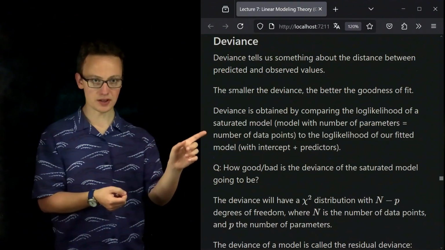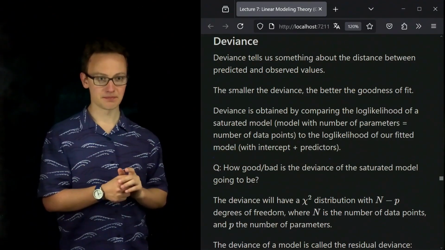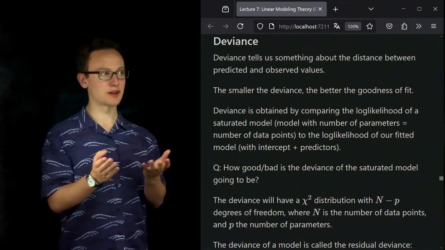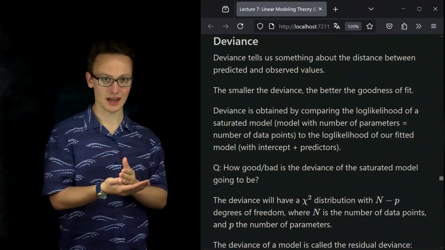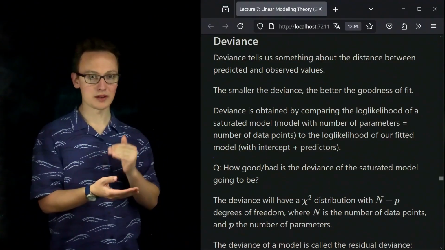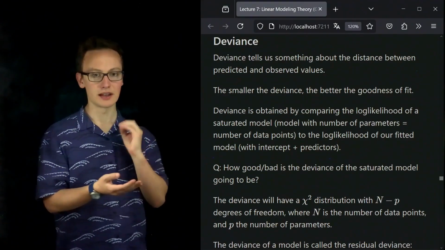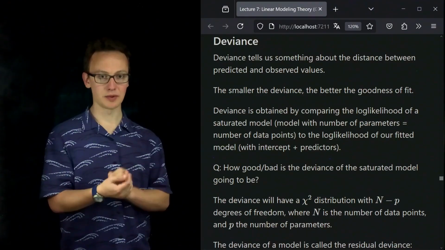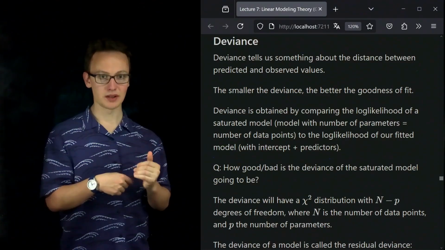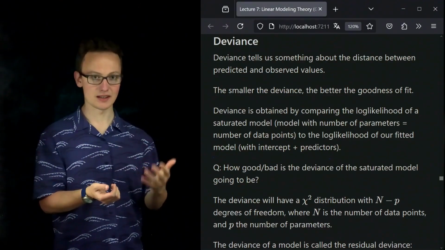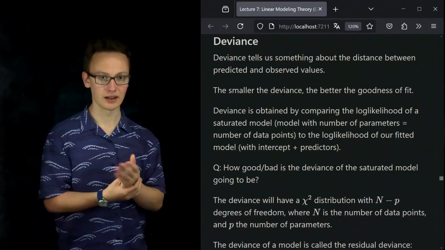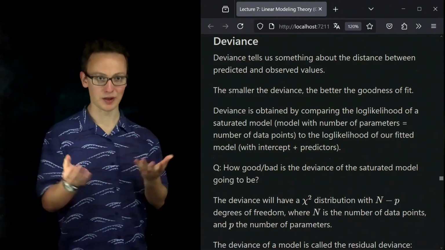Now, this term saturated model, you have to think of it as, well, if a model has as many parameters as there are data points, then it will always be able to fit the data perfectly. So there will be no difference between predictions and observations if I have as many parameters as data points, they can vary freely. That is the key property of a saturated model.